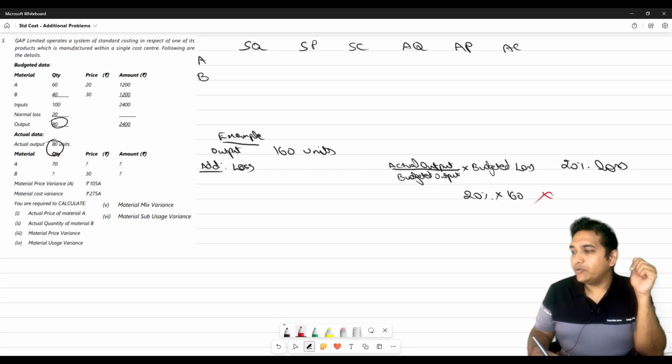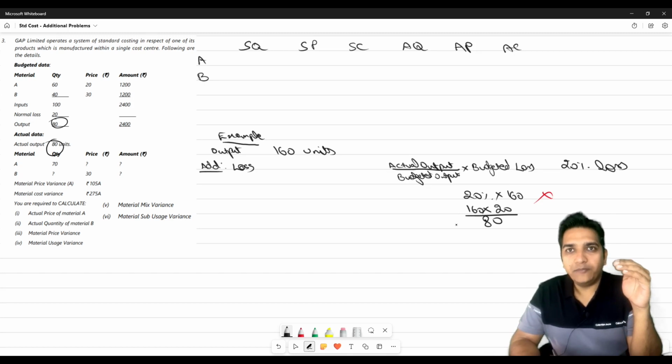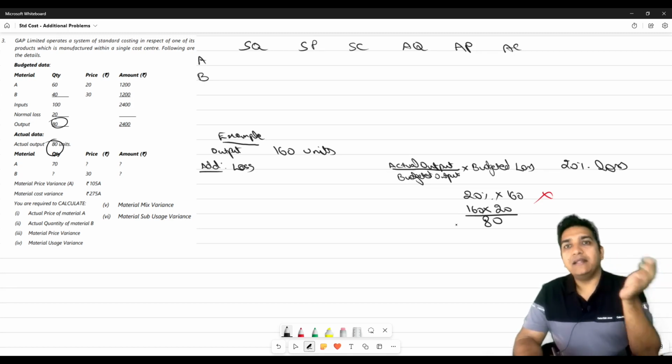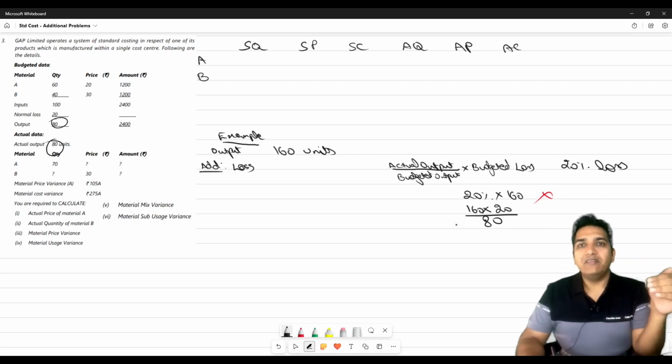How we will have to do it is, it should be 160 into 20 divided by 80. Why 80? Because 100 is my total input, minus 20% is my output, loss. Whatever is balance, that is 80, 100 minus 20, we get our normal loss.